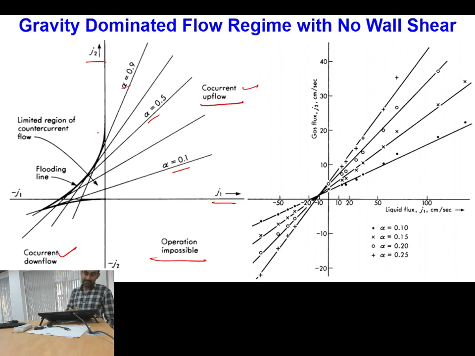And in this regime where I have counter-current flow, meaning liquid is moving down and gas is moving above, I will be having a limited region of operation, because here I will be having the existence of a flooding limit.